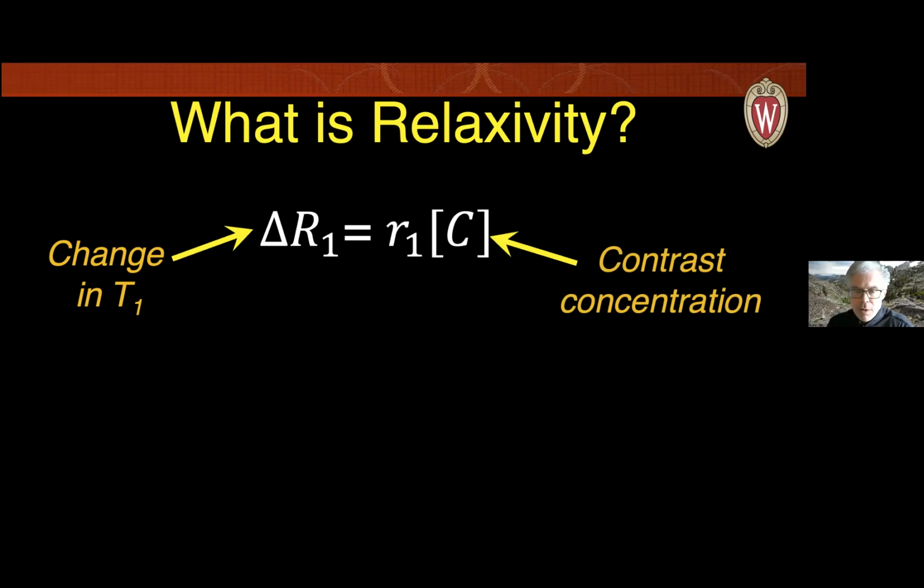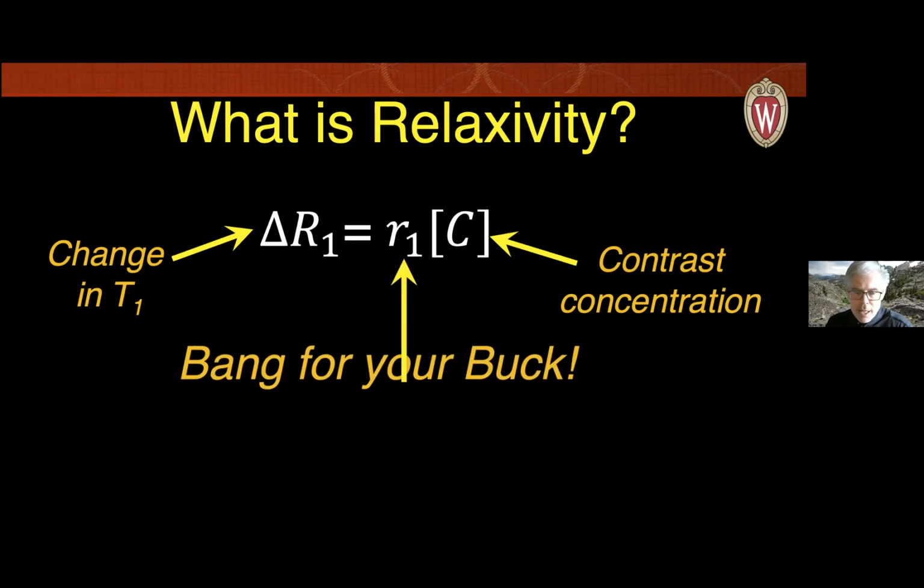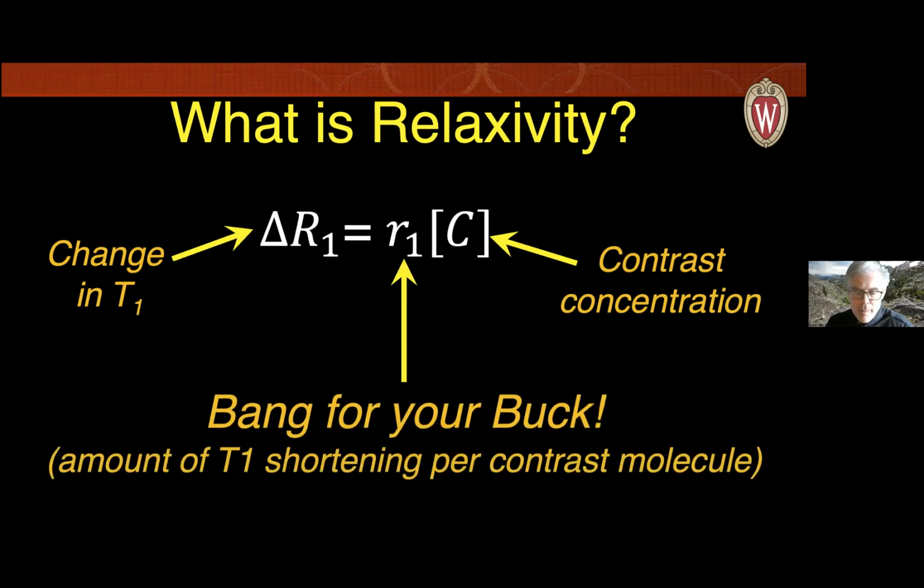That's the number of, say, gadolinium molecules that you have in the tissue, and that linear relationship is the relaxivity, or the bang for your buck. So it's the amount of T1 shortening that you get per molecule of contrast. It's a nice way of comparing the performance of different contrast agents. So again, for a given concentration, that's how much signal brightening you're going to get.